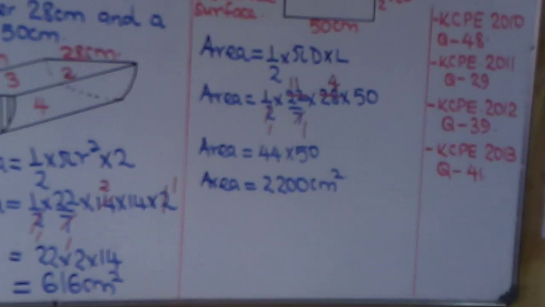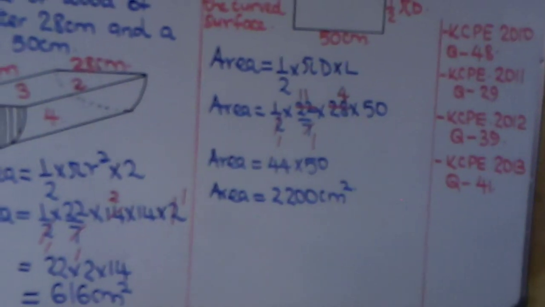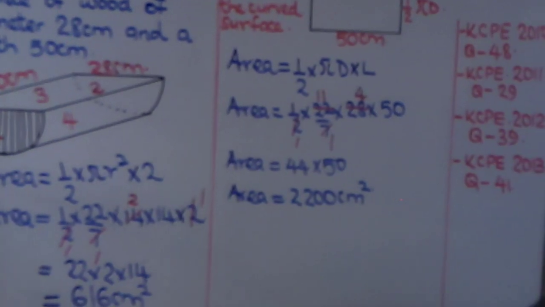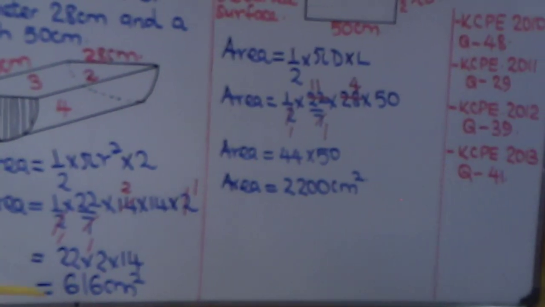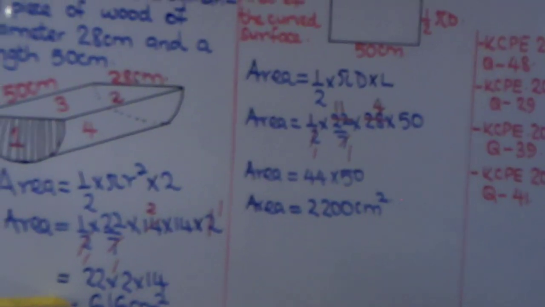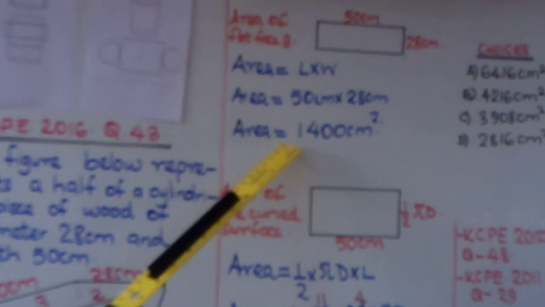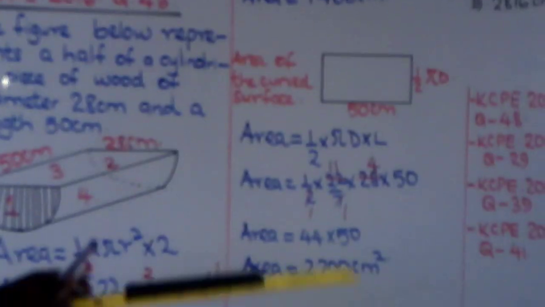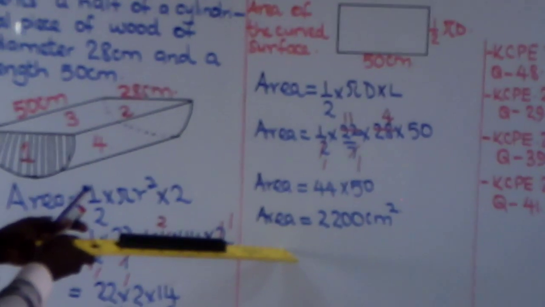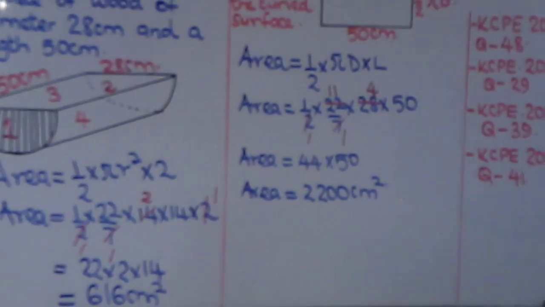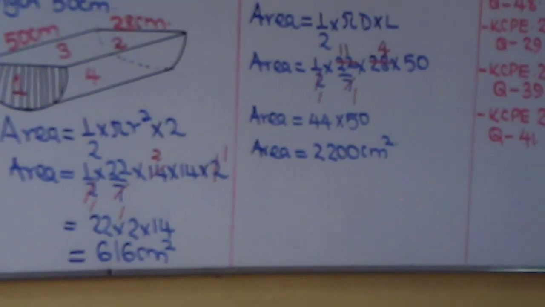Boys and girls, have we exhausted the faces of the solid? We must be able to check. Do we have 4 faces? Face number 1 and 2 are here. Face number 3 is here. And face number 4 is here. And yes, we have exhausted the 4 faces.